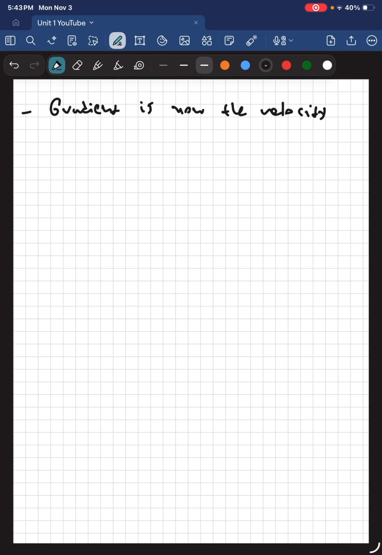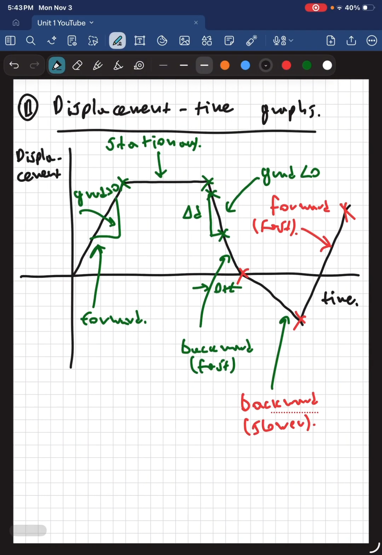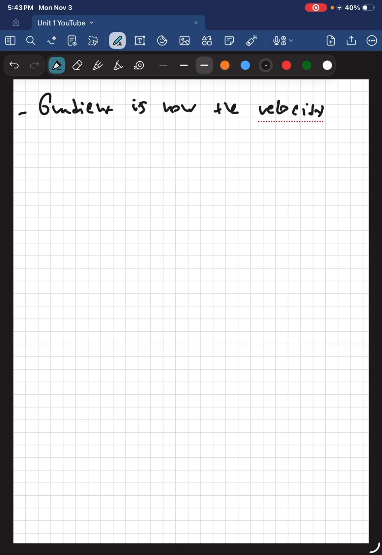Remember, velocity is also associated with a direction in space. That's why here it moves forward, but here it's moving backward. So the gradient is displacement over time, and it's the velocity.